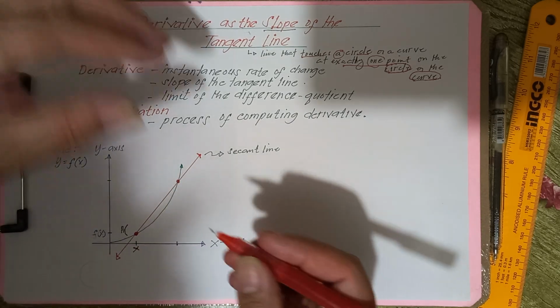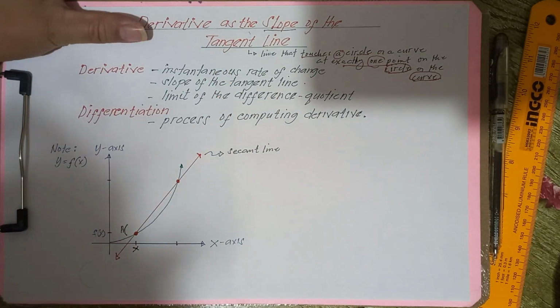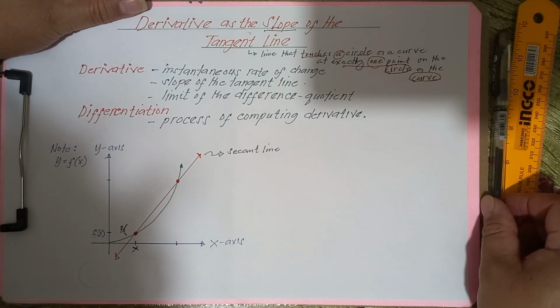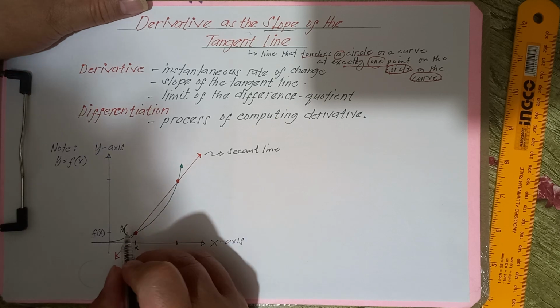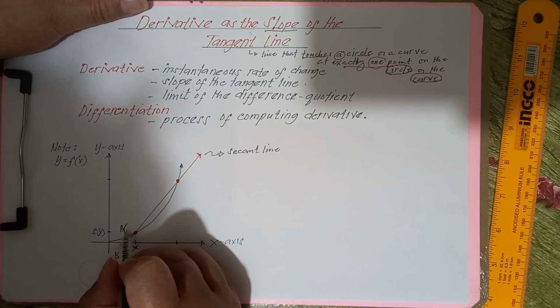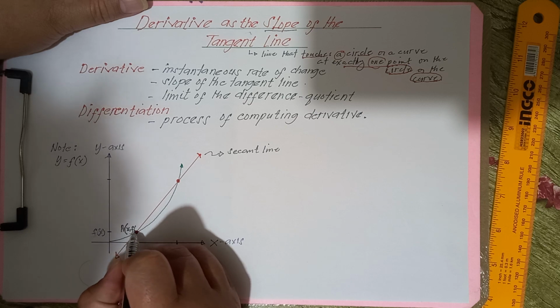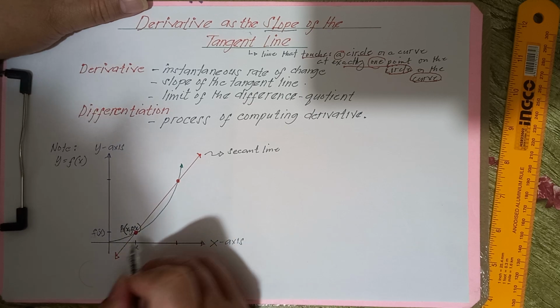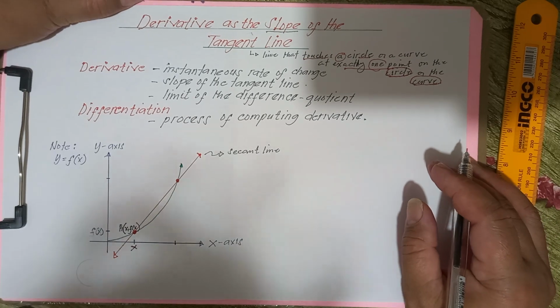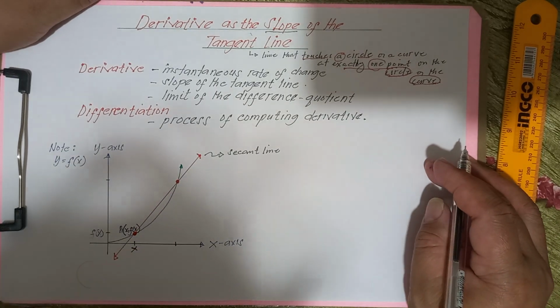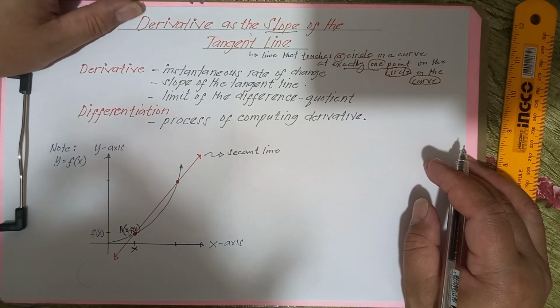And so having said that, we can have now the coordinate of this one to be x and f of x. So that is the coordinate of the first point, okay.